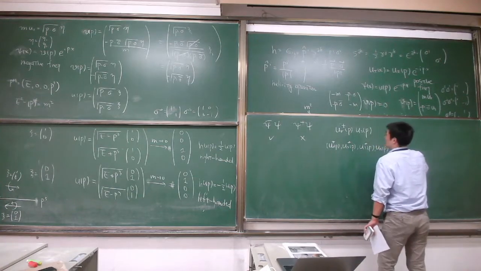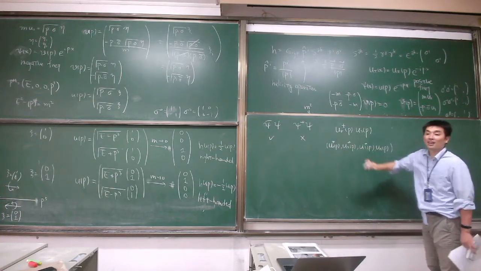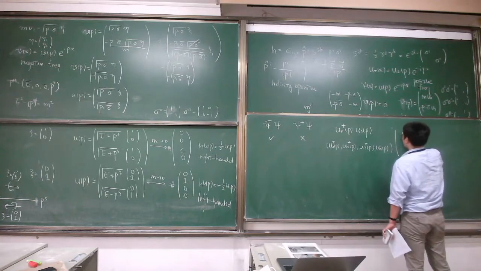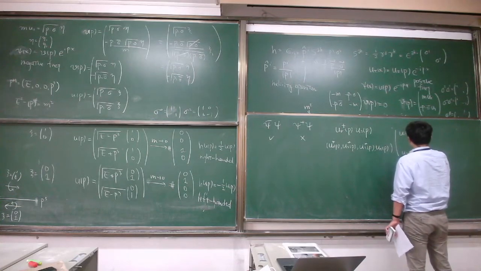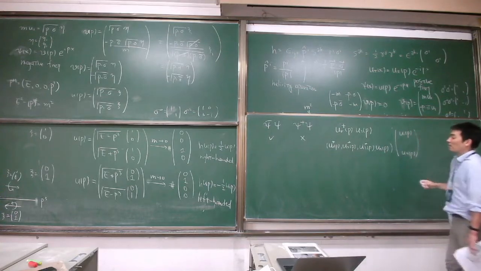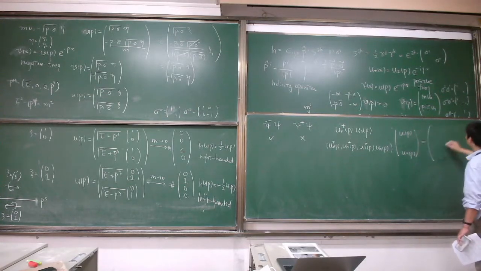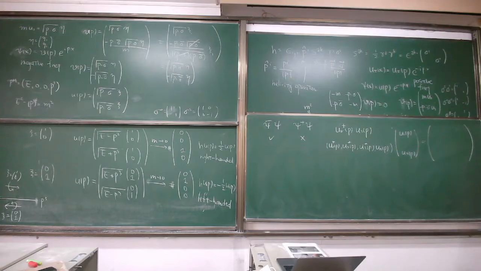P. So this is this guy. Okay. And then you multiply the U1P dot U4P, and you make a matrix, a 4x4 matrix. Okay. Do you understand what I meant?